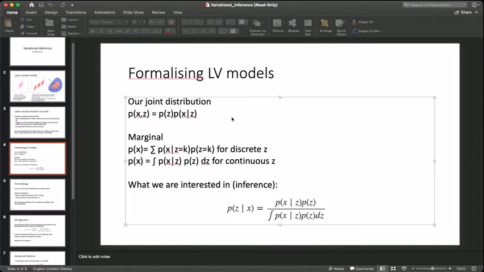What's the other way? Can you write what you've got on the whiteboard? You just told me p of z given x is joint over p of x. Can you just write that down? Yeah, one second. It doesn't have to be later. We might be here for a while otherwise.